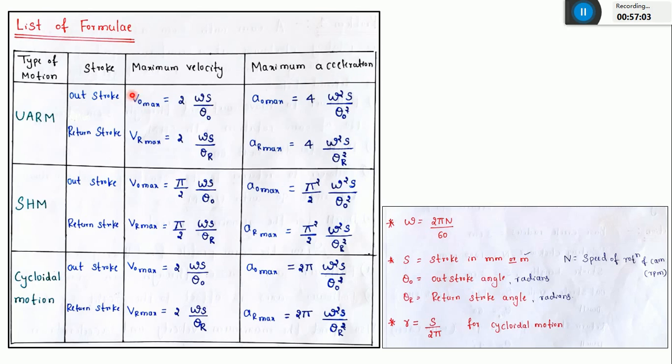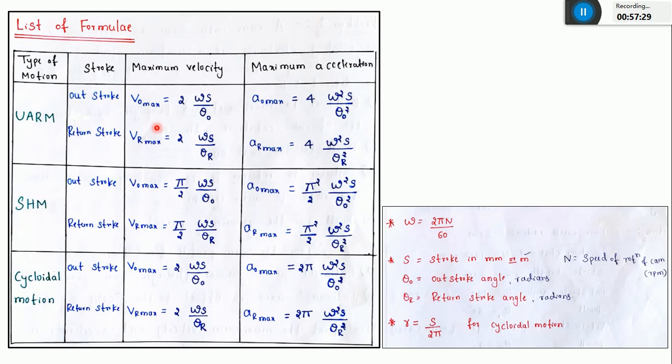This V naught max, the O indicates the outstroke. Outstroke means the follower is rising, the follower is moving in an upward direction. The suffix R indicates the follower is moving in a downward direction, which means the return stroke. During the outward motion, during the rising of the follower, what is the maximum velocity, and the maximum acceleration?